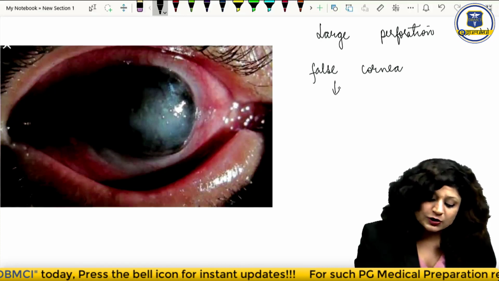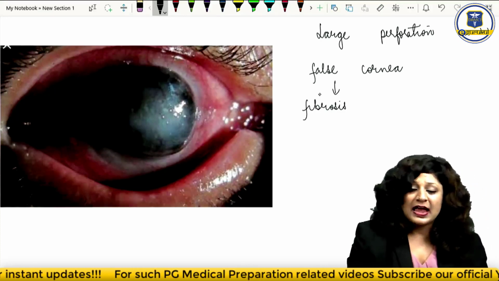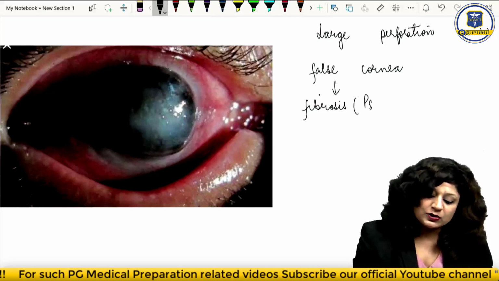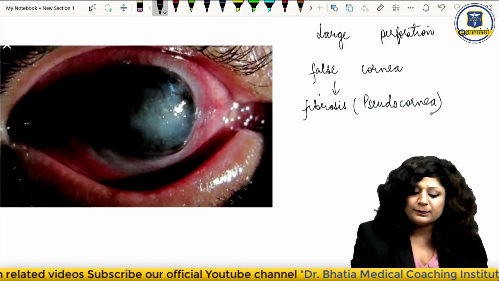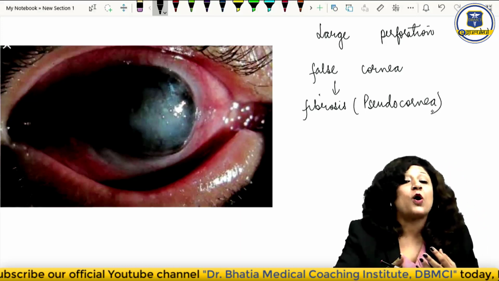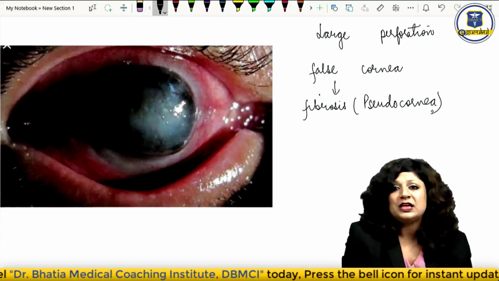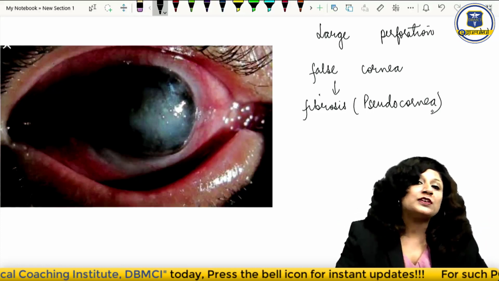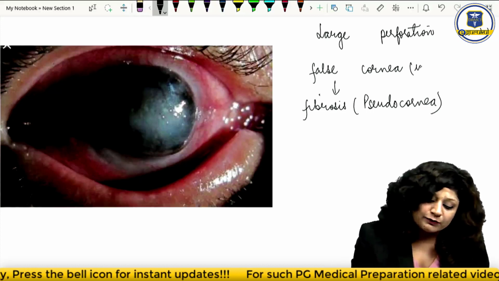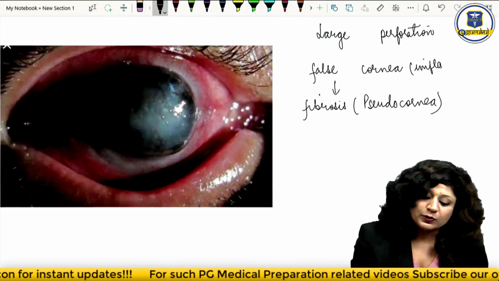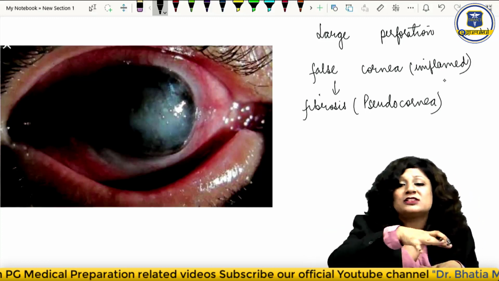Over this false cornea, a line of fibrosis will take place, and fibrosis will form a pseudo cornea. So two layers are formed which look like the cornea, but actually it is not cornea, because that has gone into perforation, and the tissue present behind the cornea is inflamed. So that inflamed tissue which has protruded out is forming a pseudo membrane, that is a false cornea.